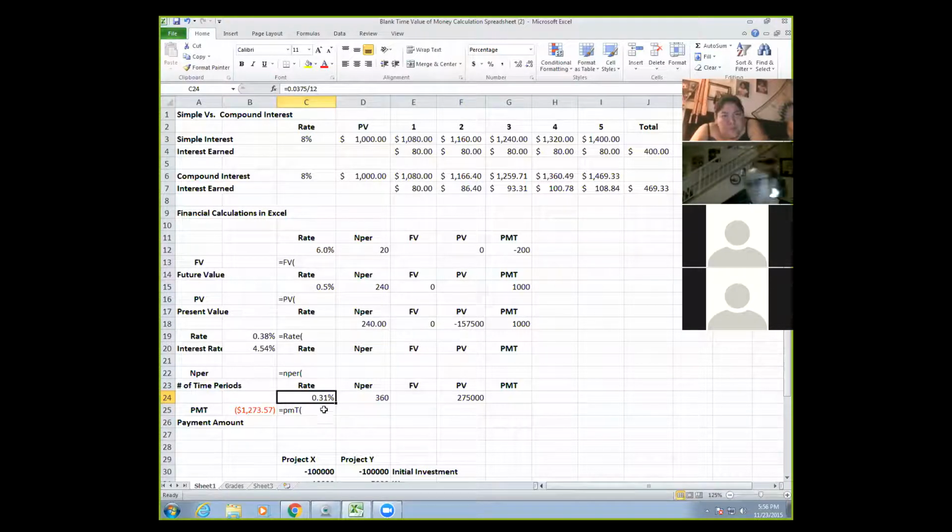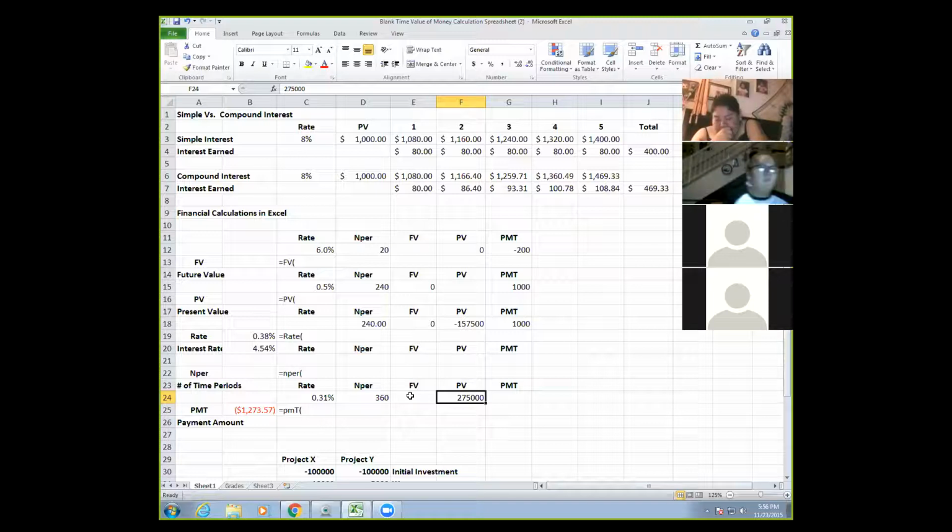It gives me a monthly interest rate of 0.31%. Number of time periods was 360, because there's 30 years times 12 months. And then the present value amount that you're getting financed is $275,000. At the end of this period of time, the loan itself will have a zero balance, so the future value is zero. That gives you 1273.57. Any questions about that one?